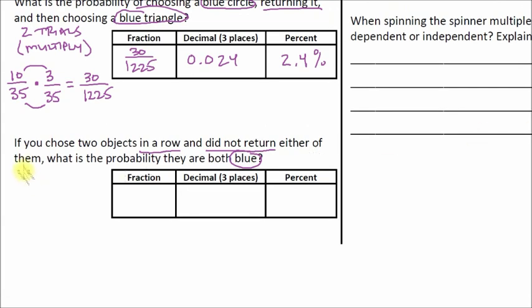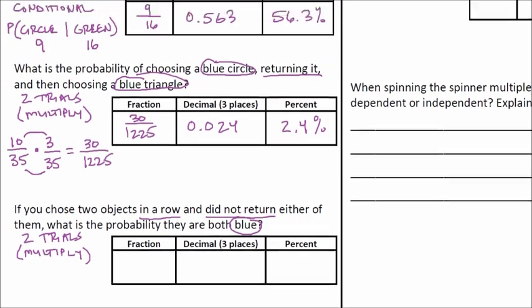So I'm going to write here, there are 2 trials. And that means we are multiplying. I hope I can spell that correctly. Multiply. Multiply your probabilities when you are trying to get something to happen more than one time in a row, or you are doing more than one thing in a row.